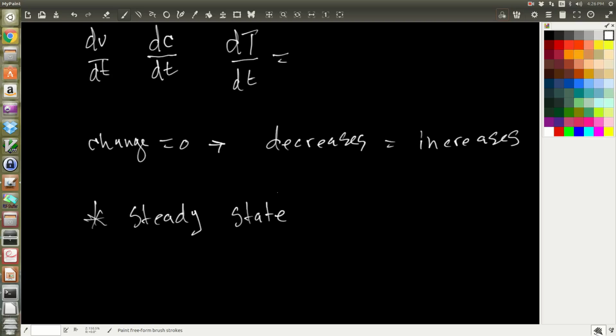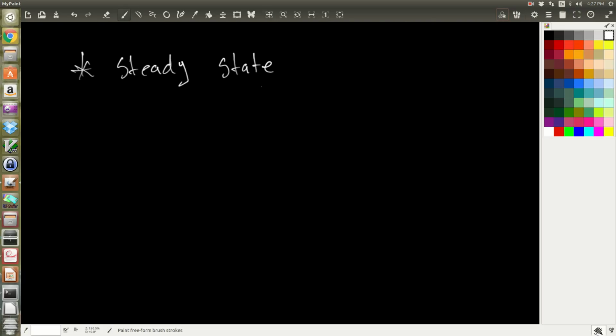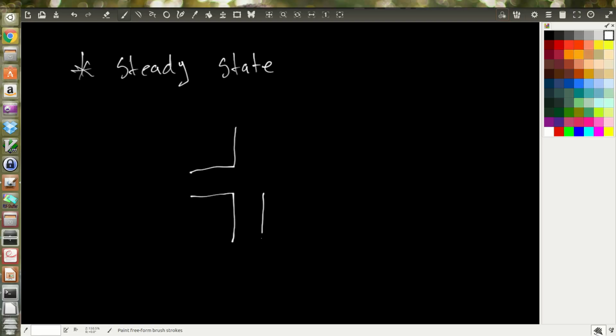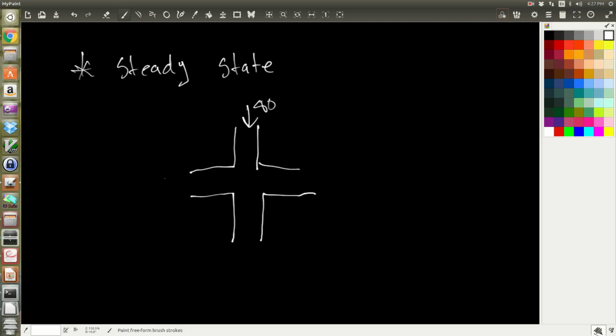And so if we just use our pipe problem as an example, draw this again. So if we've got 80 coming in here, we've got 100 coming in here, and we've got 120 leaving here. If I say this is a steady state problem, meaning there's going to be no net change in here, then I might ask you, well, if there's no net change in here, then what is the outflow here?